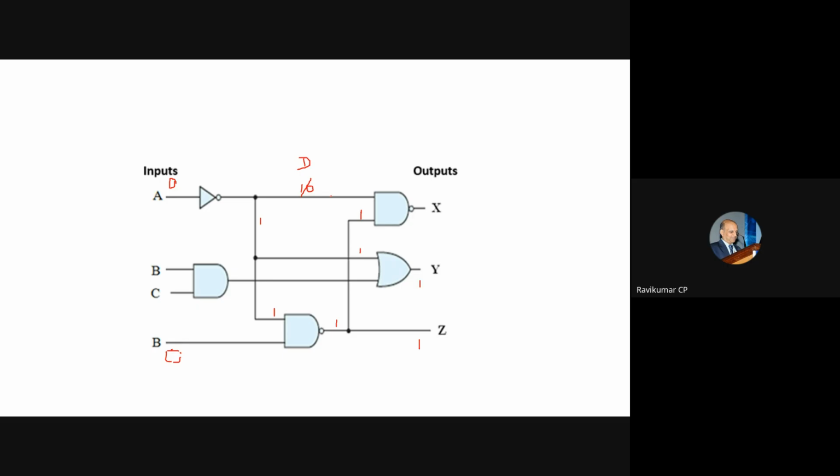And the moment I put a 1 here, I can simulate this and say this will be D bar. D bar means the good circuit has a 0, but the faulty circuit has a 1. So 0, x, 0, that is a test pattern for a stuck at 0 fault on E1 0.